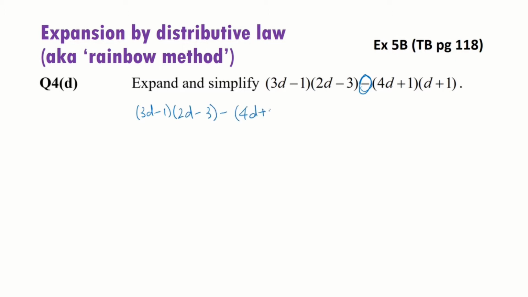We need to put in the brackets because we are focusing only on that section of expansion. So 3d minus 1 times 2d minus 3, when we do our rainbow, we will have 6d squared minus 9d minus 2d plus 3. I will not put in the rainbow. I hope that you can follow how I get this answer.